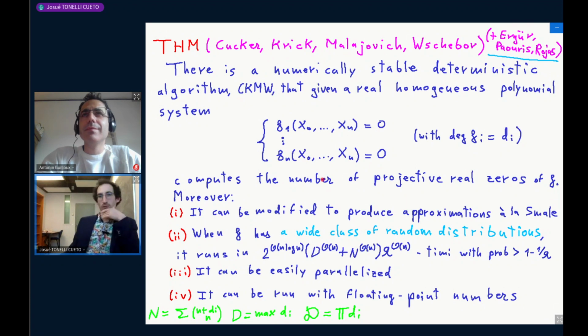So then here, when we do the modifications that Ergür, Paouris, and Rojas add, will be essentially this new line. So it has a wide class of random distributions, and for this wide class, we have essentially the same kind of bounds.